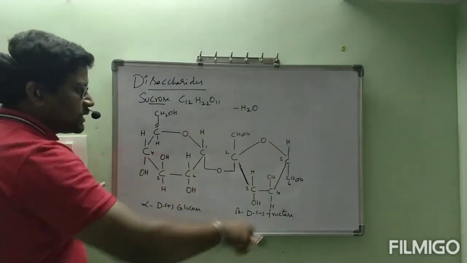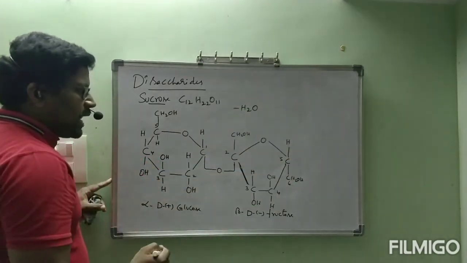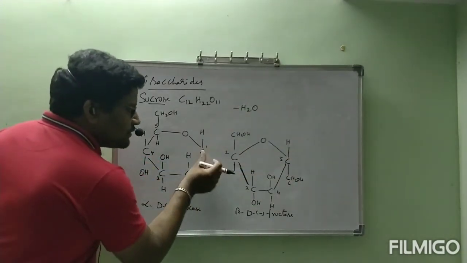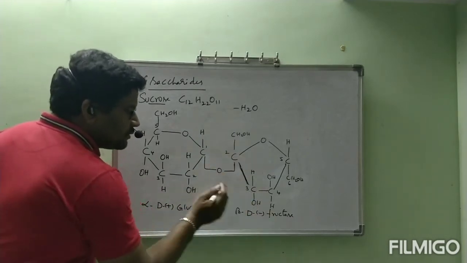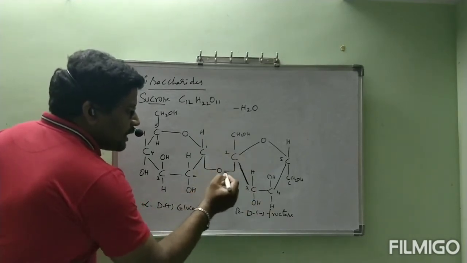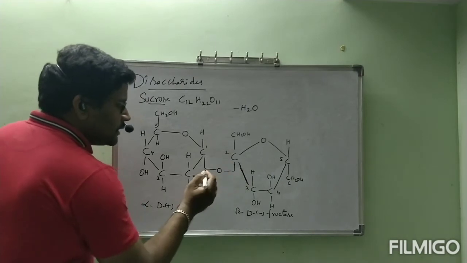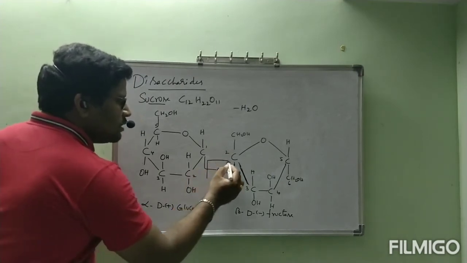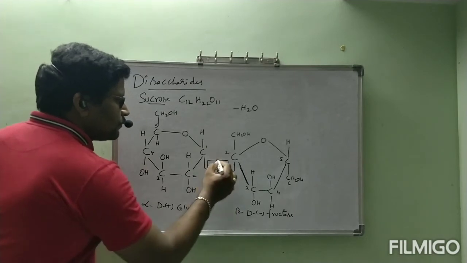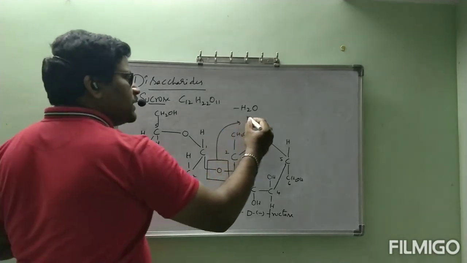Okay, this is the structure of sucrose, and at the junction of C1 of glucose and C2 of fructose, we observed a COC bond. What is that? This is called glycosidic linkage.